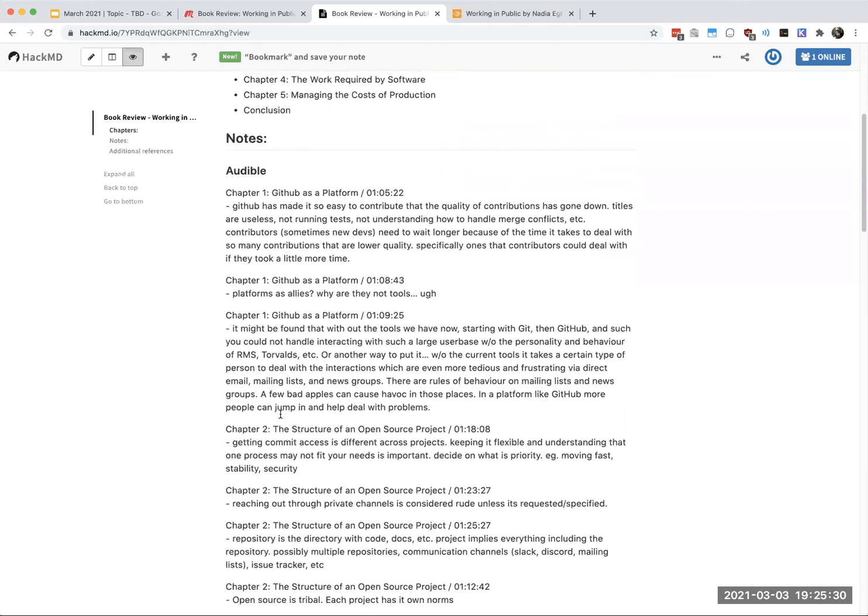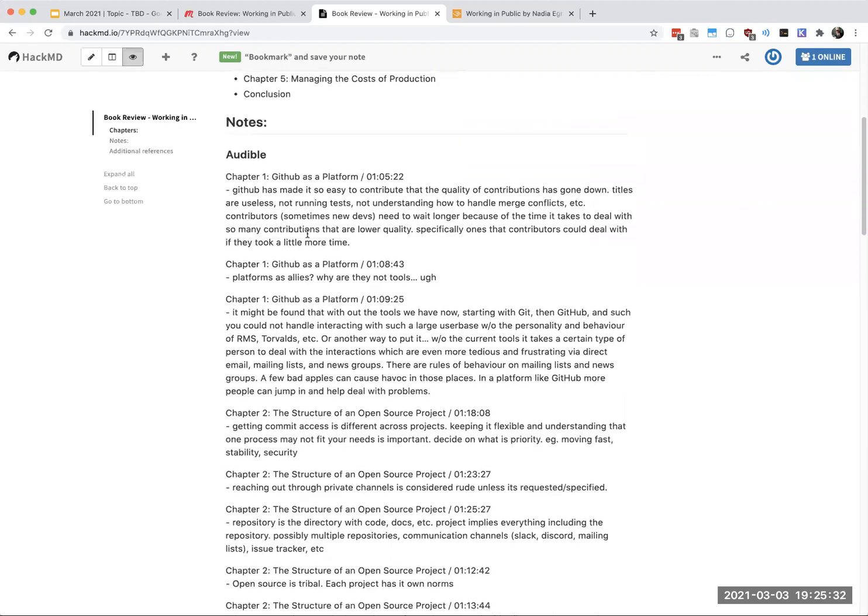So the first part's pointing out what we moved from, platforms or services, tools like GitHub, have made it a lot easier for people to not have to worry about the infrastructure needs or the cost of maintaining tooling around writing software, as well as one of the big ones, how do you deal with the community?